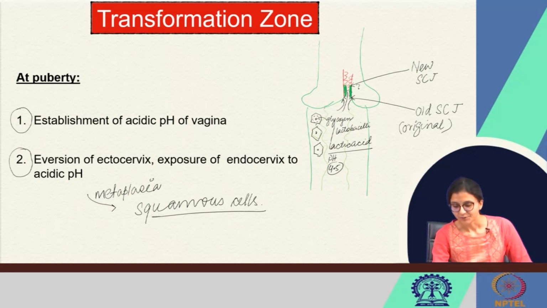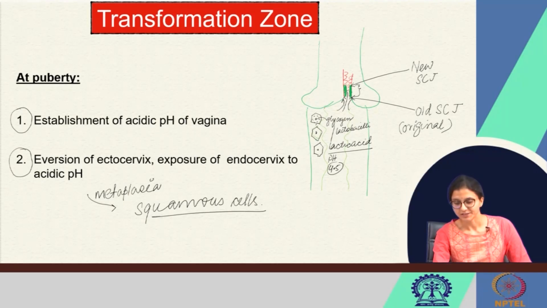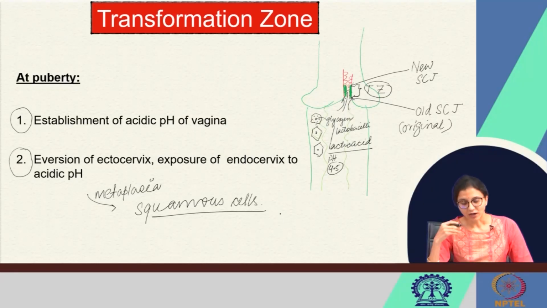This area between the new squamocolumnar junction and the original squamocolumnar junction is known as the transformation zone, right.